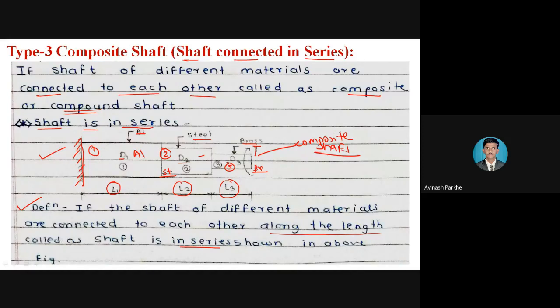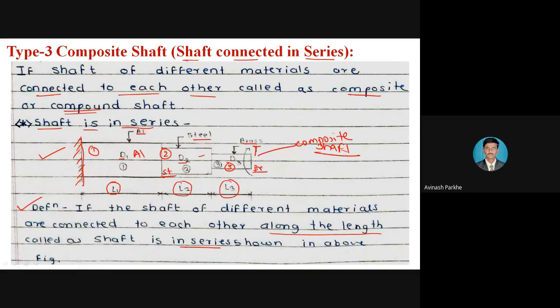So this structure is called shafts connected in series, and as more than one material is used in this structure, it is also called a composite shaft, because as per the definition of a composite shaft, shafts of different materials are connected to each other.